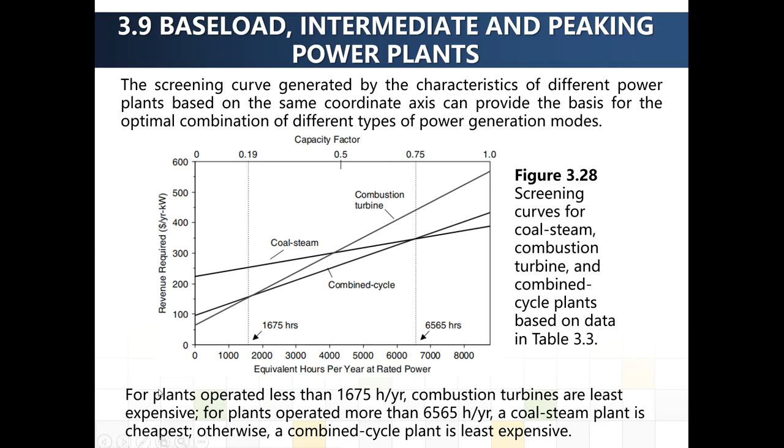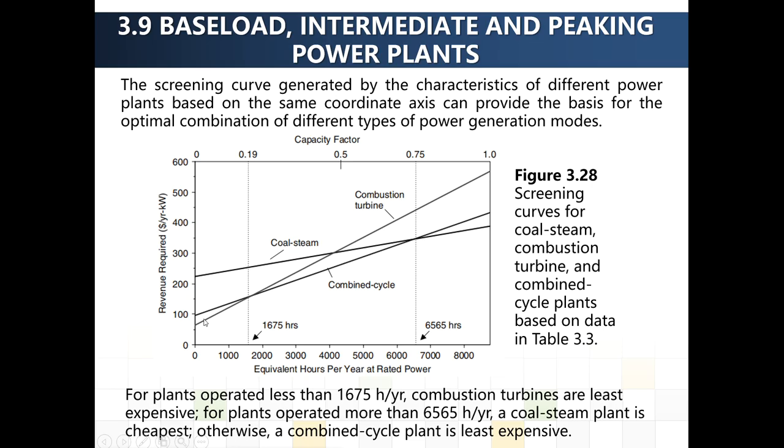If we put the combined cycle power plant and combustion turbine power plant also into this screening curve figure, we can see that, as we know, the capital cost of coal steam is very high, and the variable cost is low, due to the cheap coal.